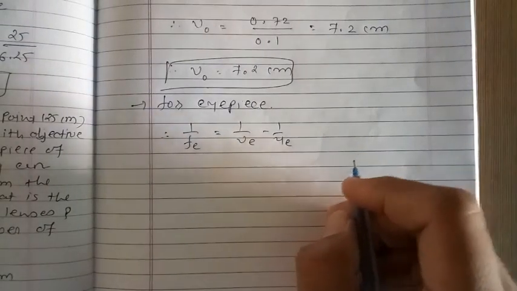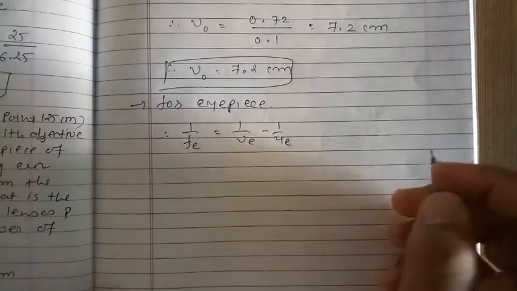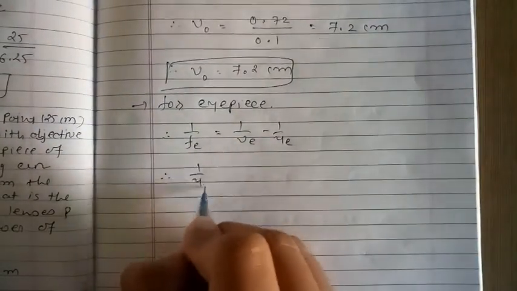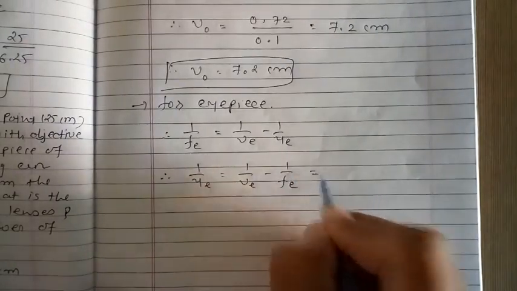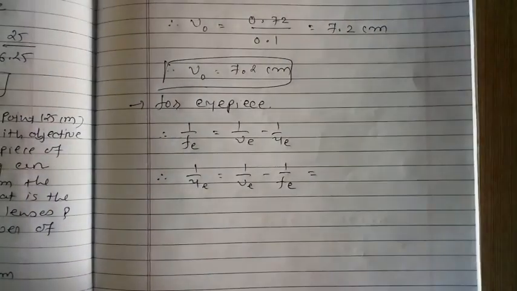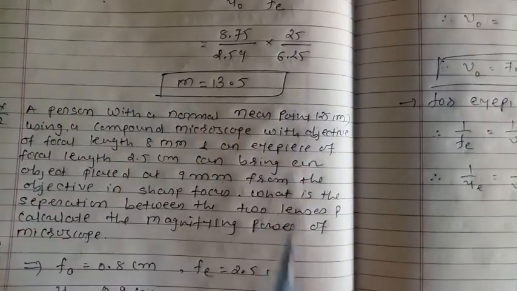We have to find out the value of UE, so 1 upon UE is equal to 1 by VE minus 1 by FE. Now we know the image distance from the eyepiece, because a person with a normal near point 25 centimeter, right?